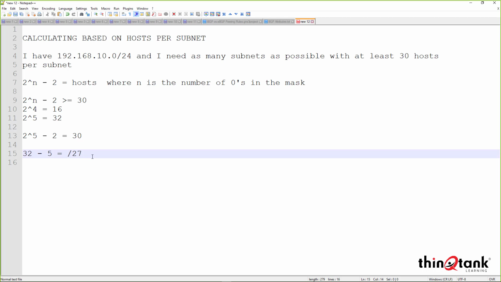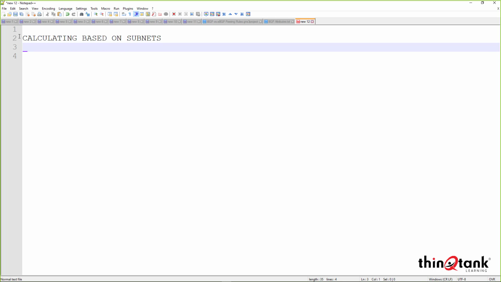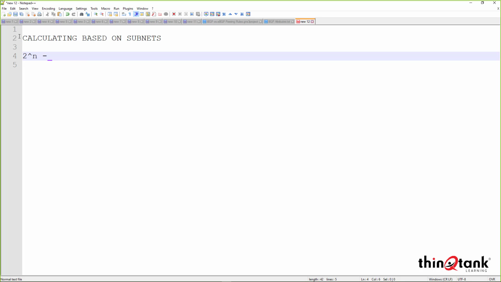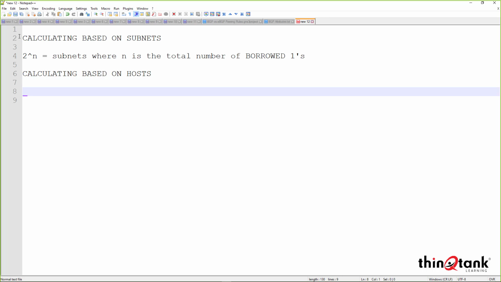All right? When we're calculating based on subnets, 2 to the power of n equals subnets, where n is the total number of borrowed ones, and calculating based on hosts, the formula is 2 to the power of n minus 2 for IPv4 equals hosts, where n is the total number of zeros in the mask.